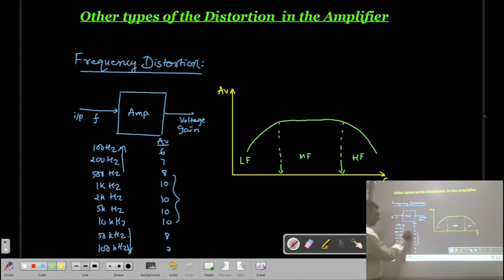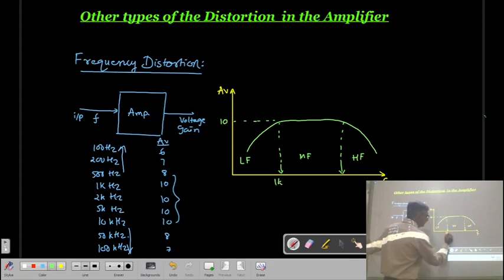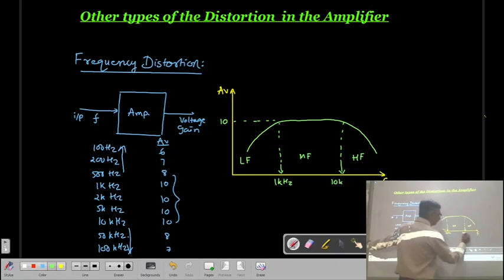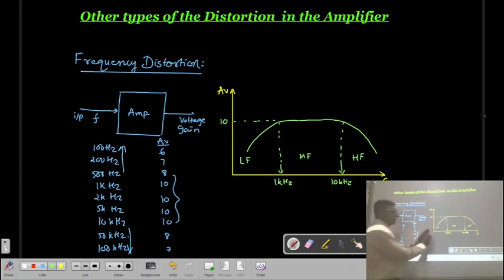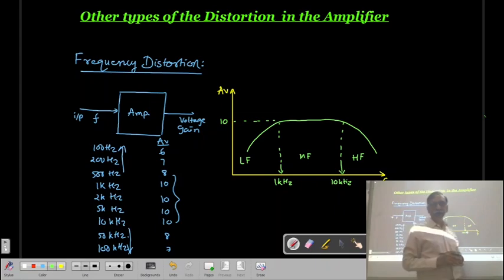Here the gain of the amplifier is maximum, that is 10, starting from 1 kilohertz up to 10 kilohertz, and it is constant. But for the low frequency part as well as the high frequency part, the gain of the amplifier is decreasing. Means the amplifier is not giving an equal response to all frequencies. This is known as frequency distortion.